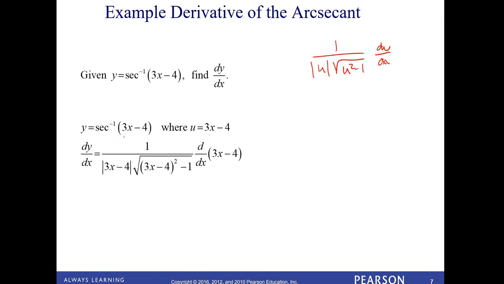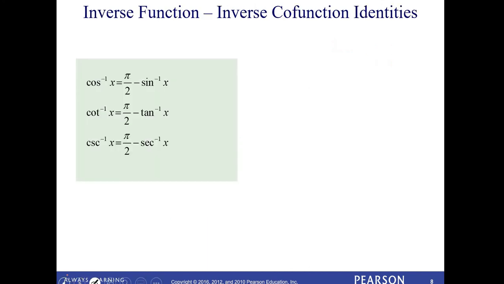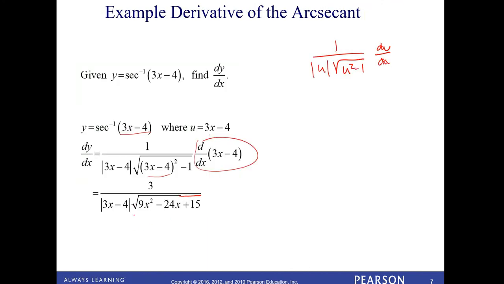So 1 over the absolute value of the function times the square root of the function squared minus 1, times the derivative of this, which is just going to be 3. So they went ahead and distributed. That square root sign should go all the way across. Really can't simplify it any further than that.